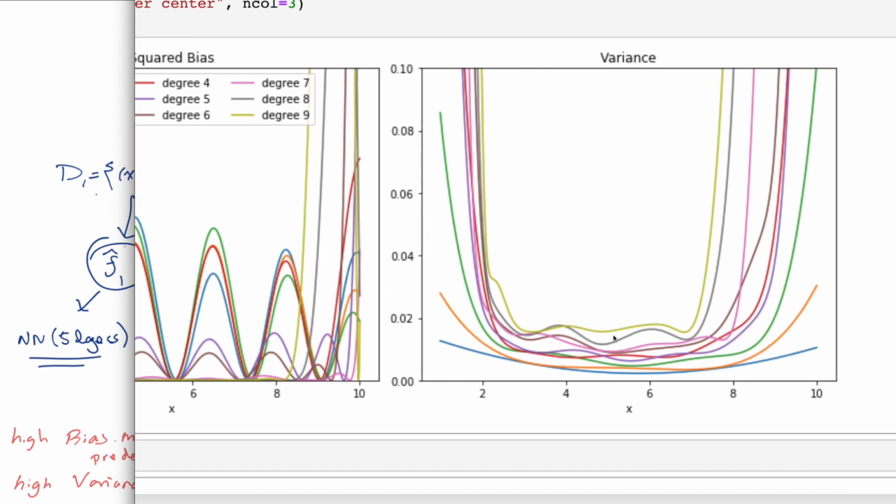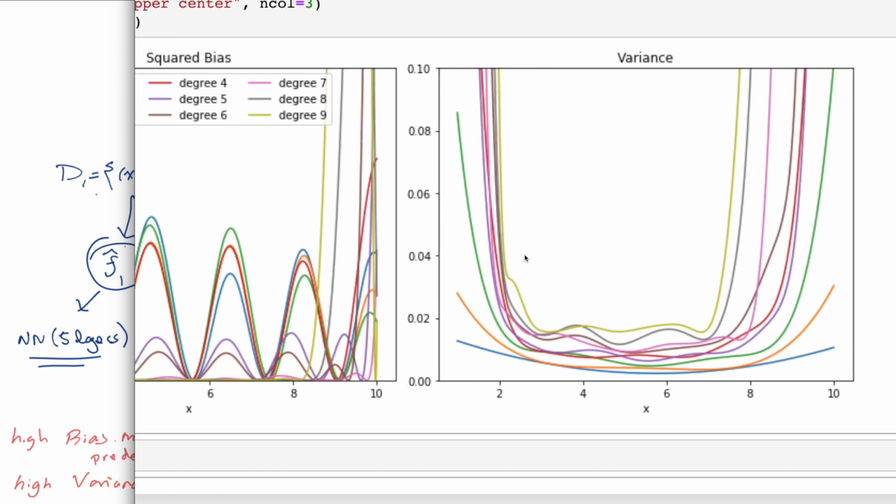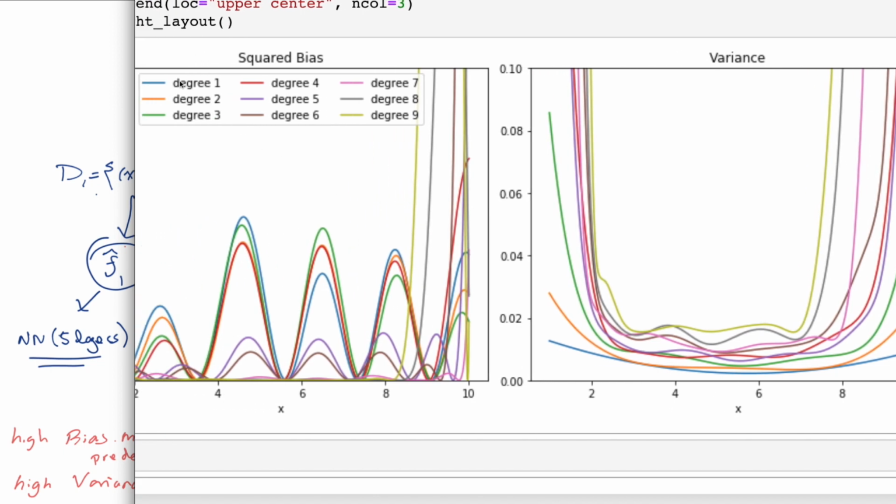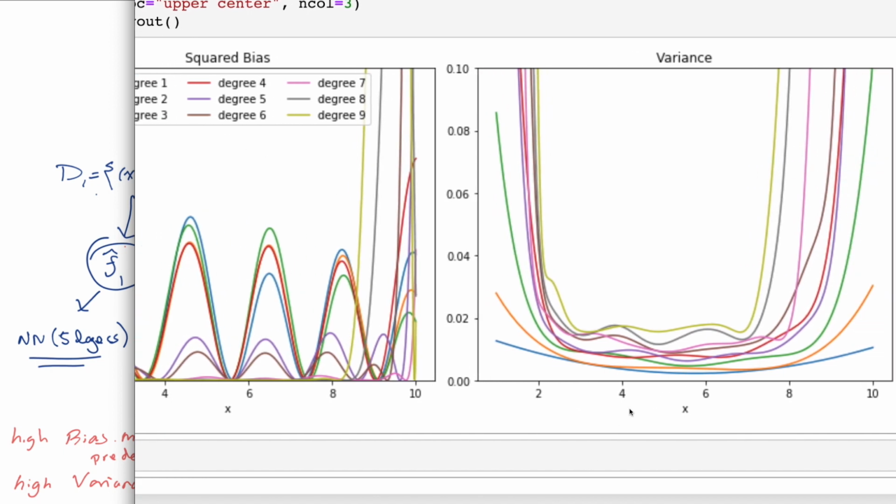Now here, you should see that the high variance models are the ones with the really high degree, right? So see this olive curve is the variance of the really complex model at the end. And the lowest variance is that blue curve, which is the degree 1, just the straight line model.